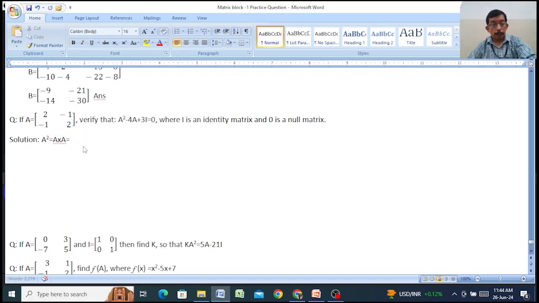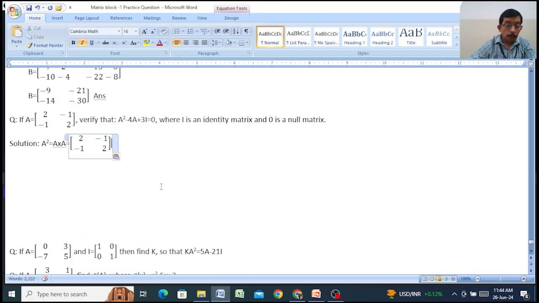A is noted down here. After that, multiply, then again note down the matrix A. We multiply in the next step, one by one.